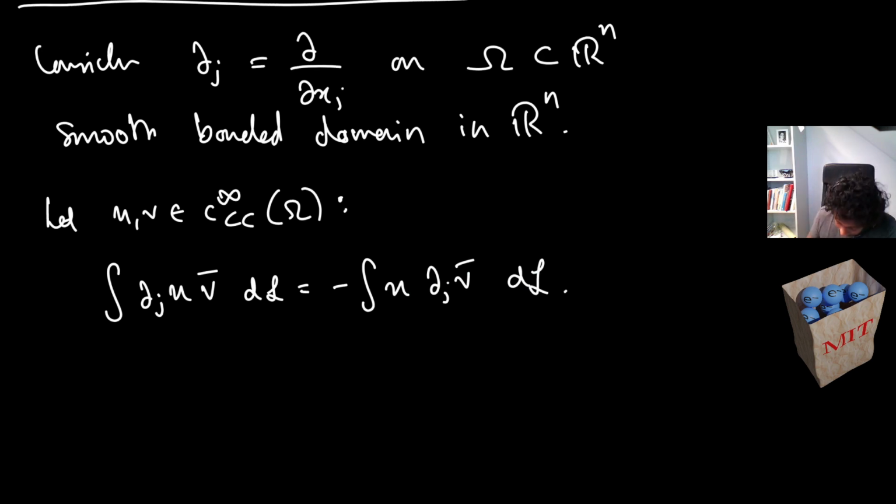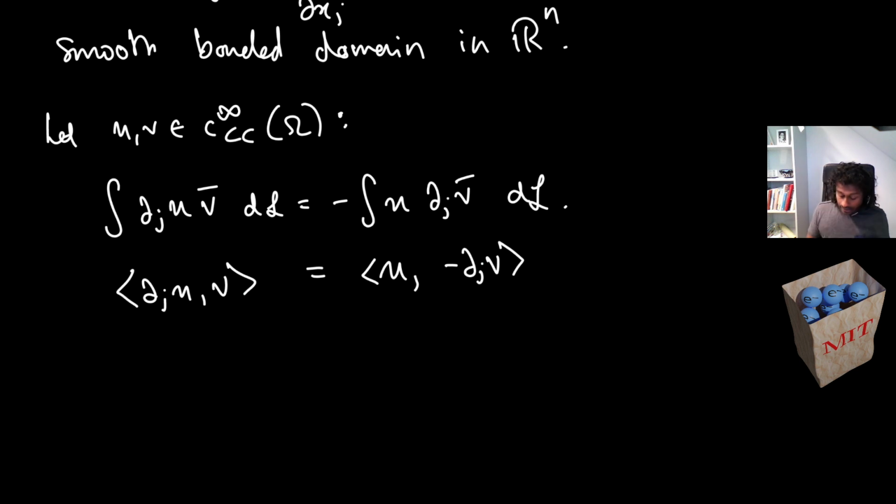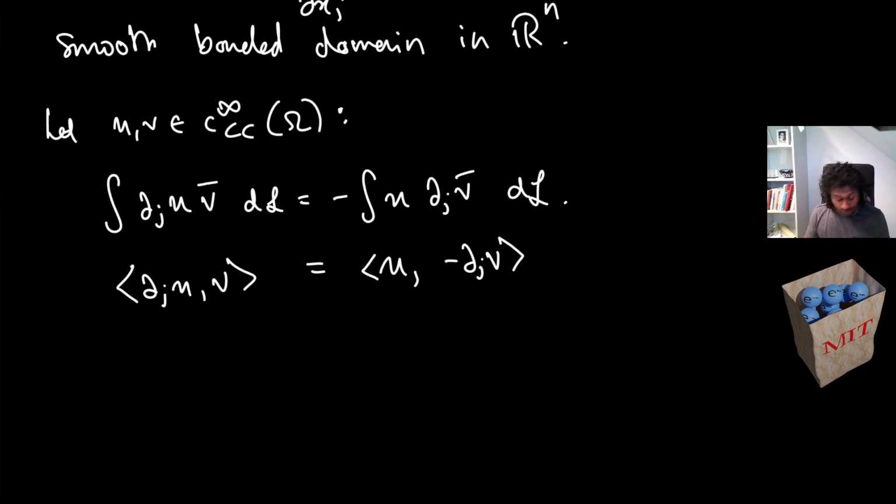In other words, let's write this out as an inner product. So the inner product of dj u with v is equal to, and I'm going to put the negative sign on the operator on this side, because of course the negative partial j is the formal adjoint of partial j. That's what it's really saying.